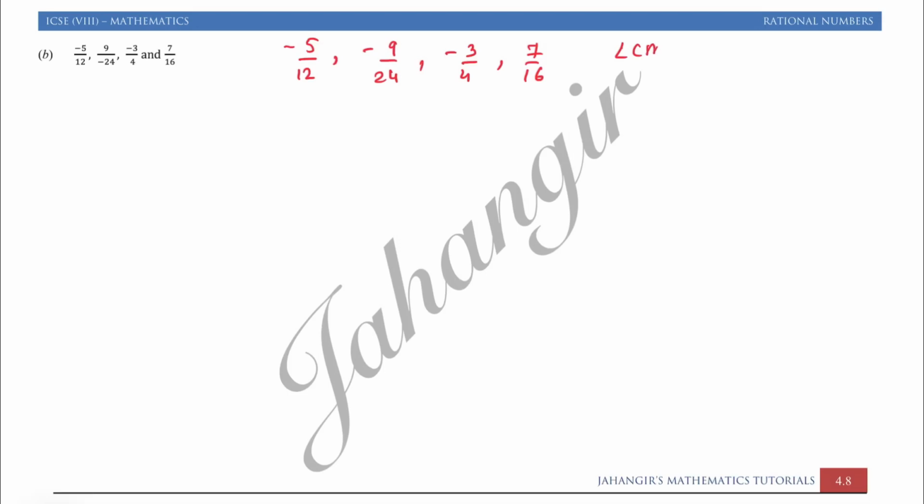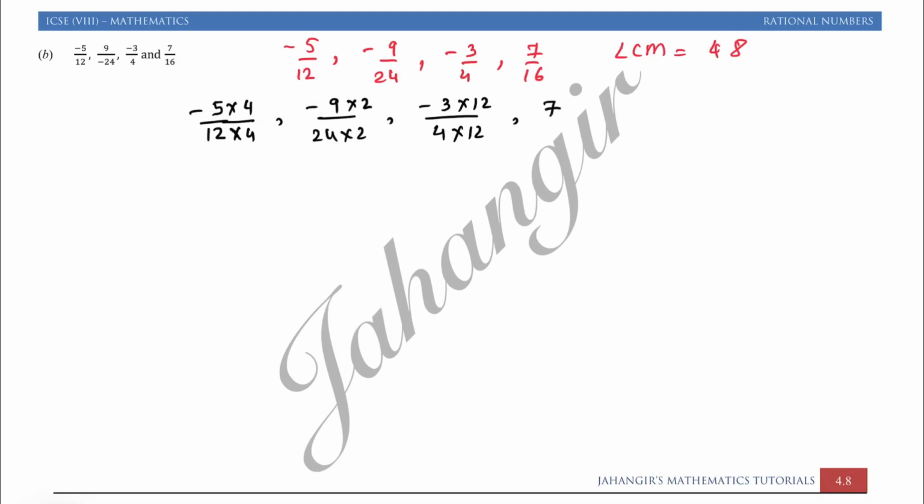So the LCM is 48, because 48 is the least common multiple for all denominators. Let us make the denominators the same. So first minus 5 by 12 into 4, multiply by 4, minus 9 by 24 into 2, minus 3 by 4 into 12, multiply by 12, 7 by 16 into 3 is 48, so the numerator we will also multiply by 3.